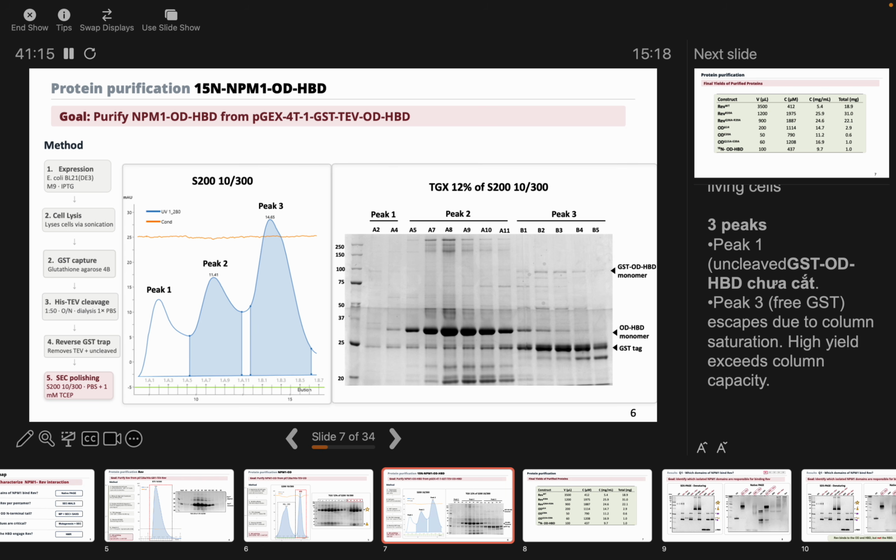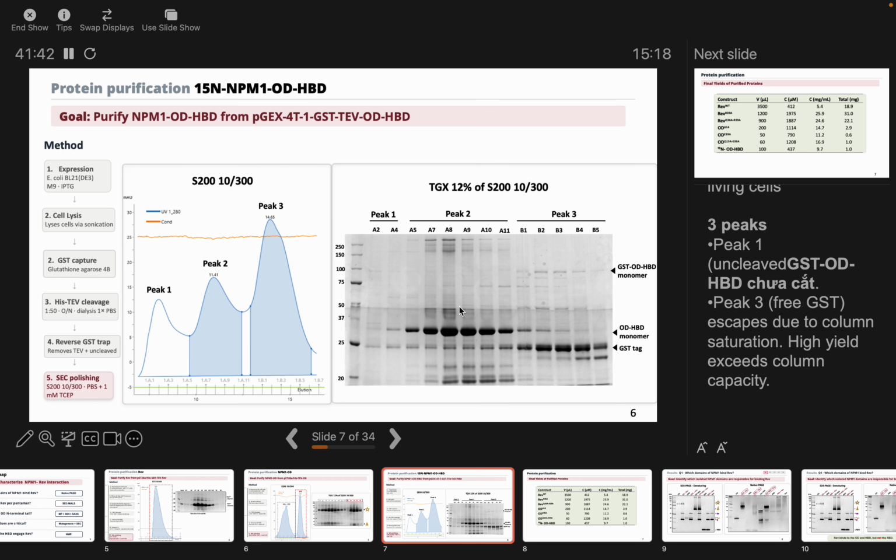How can you explain that? You mean that the UV peak of peak 3 is much higher than peak 2, and on the gel you see that the amount of protein in peak 2 looks much higher than in peak 3.